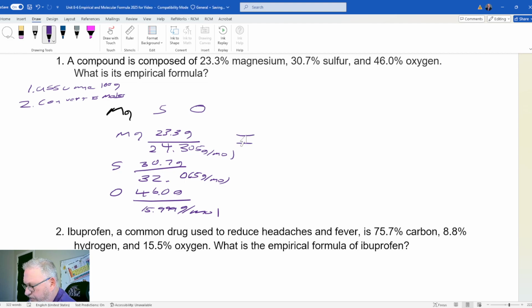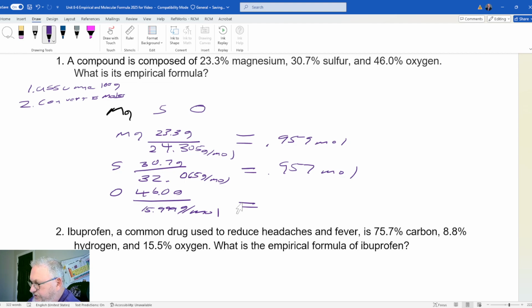So if I divide 23.3 by that molar mass, 24.305, I get 0.959 moles. All right, sulfur, if I divide 30.7 divided by 32.065, I get 0.957 moles.